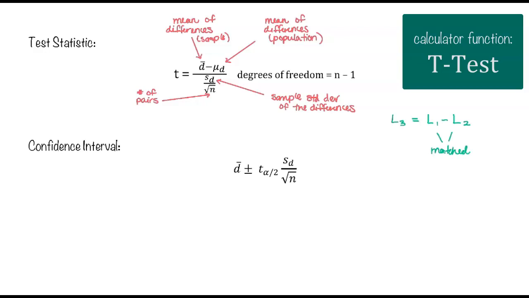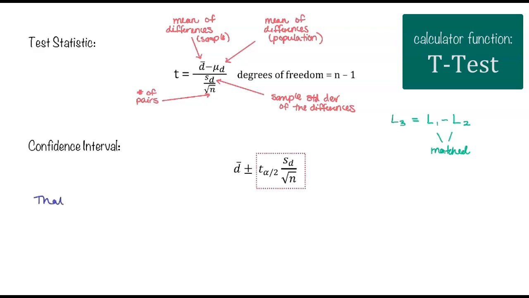We can also construct a confidence interval. To do that, we start with D bar. Since D bar is the mean of the differences for the paired sample data, that's our best point estimate. And we can find our interval by adding on and subtracting off the margin of error.